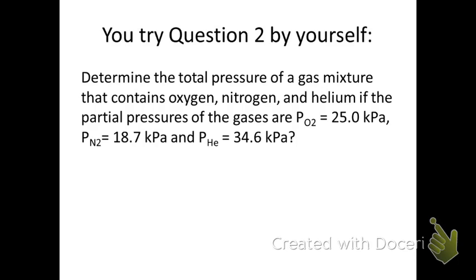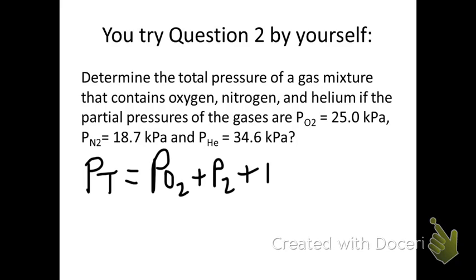Try question 2 by yourself. Pause the video and try answering question 2 and see if you can get the right answer. In question 2, it's again asking you for the total pressure. So we're going to add up the oxygen, the nitrogen, and the helium.